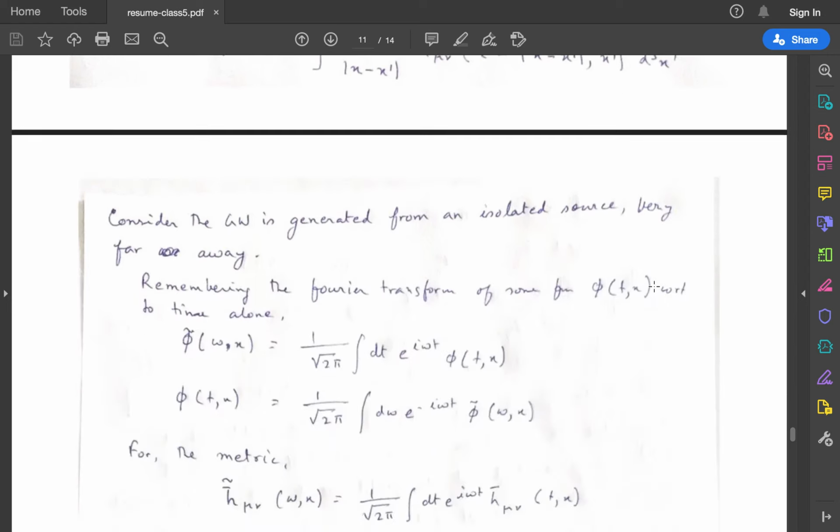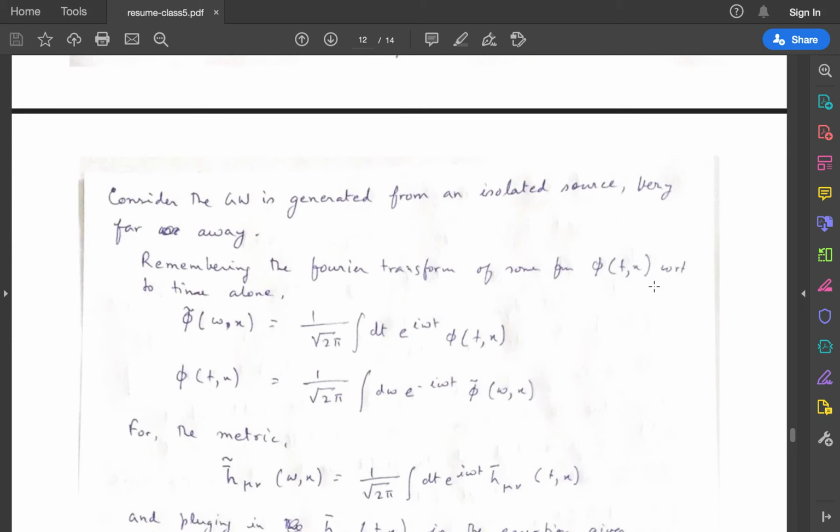Let us consider that the gravitational wave is generated from an isolated source which is very far away from us. Before going there, remember the Fourier transform of some function φ(t,x) with respect to time alone.